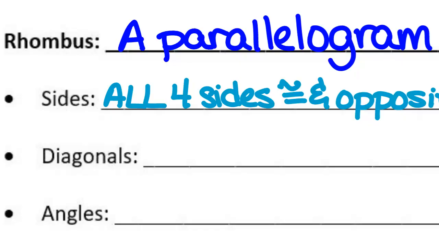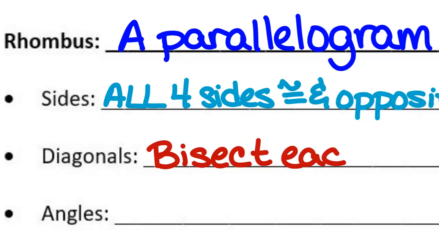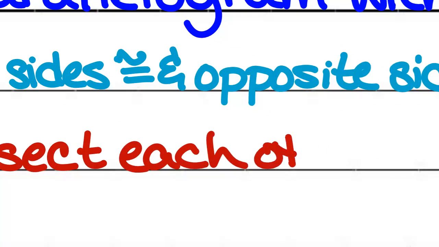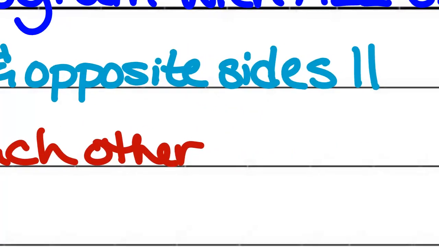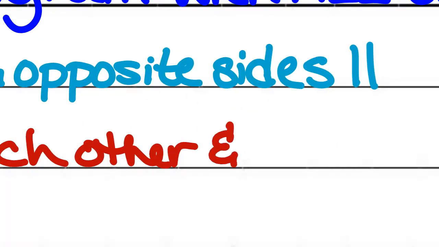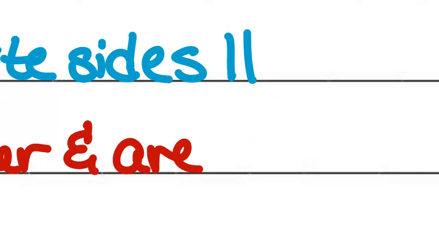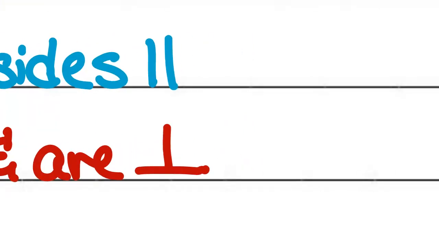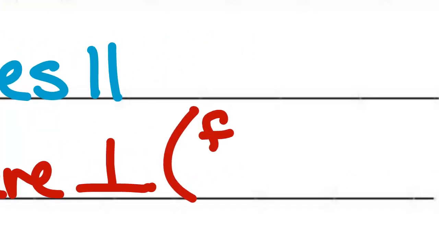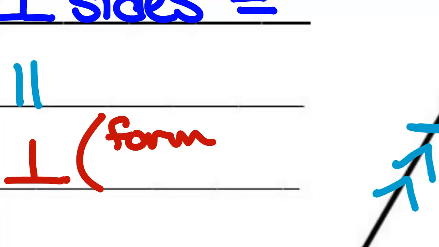The diagonals, just like in a parallelogram, are going to bisect each other. And they are perpendicular. They form a right angle.